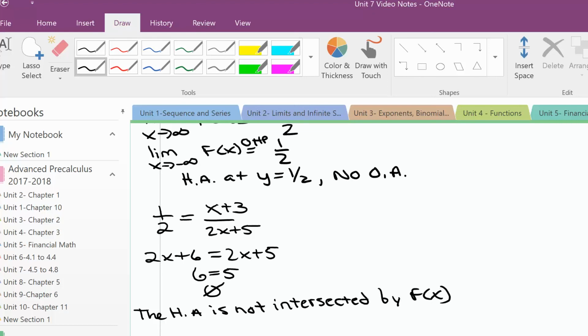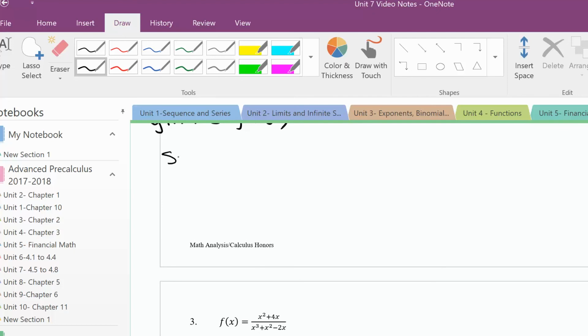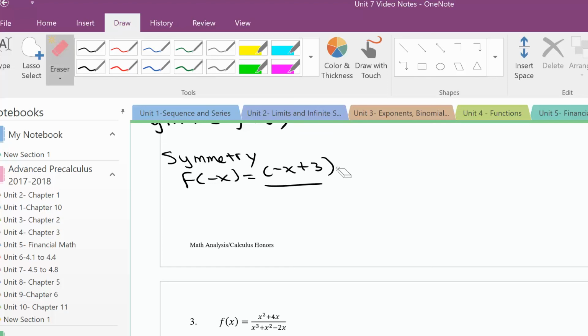So now you need the x-intercept, which you find by setting the numerator equal to 0. So you get -3, 0. The y-intercept, you put 0 in and you get out 3/5. And then for symmetry, you put in the -x and you get -x plus 3 over 2 times -x plus 5.